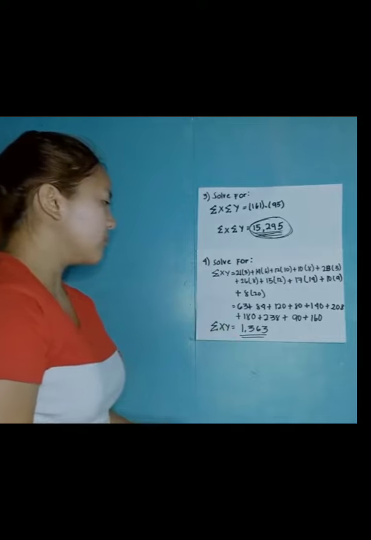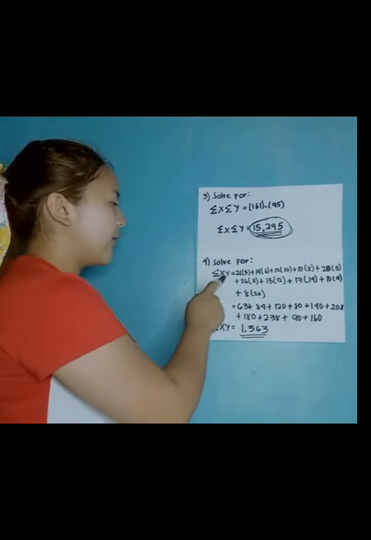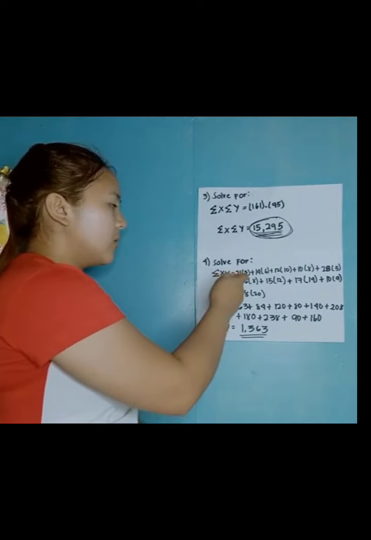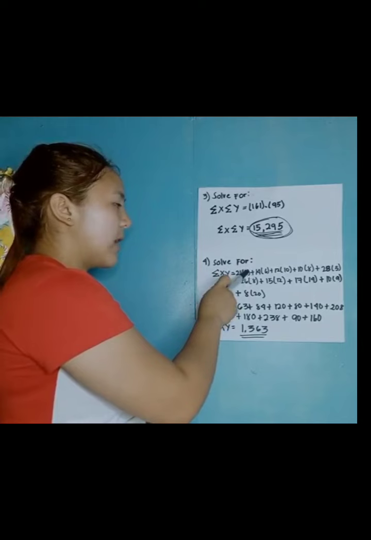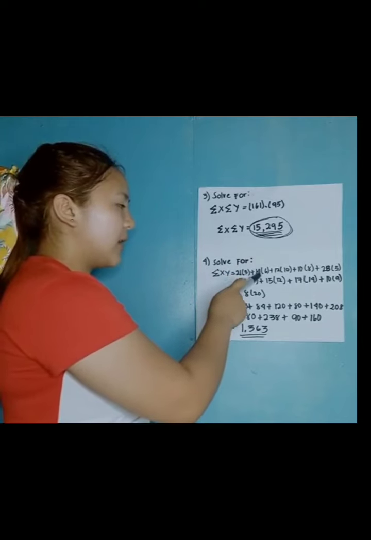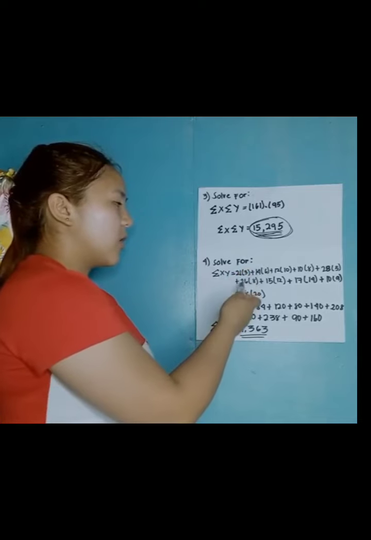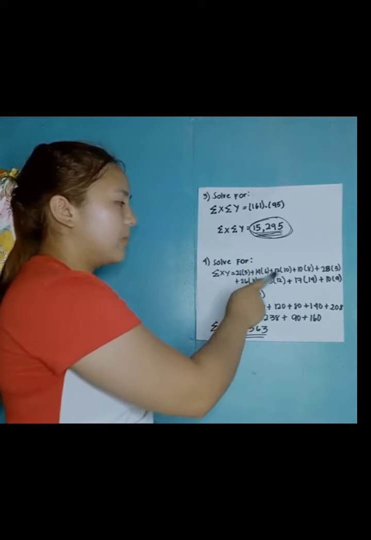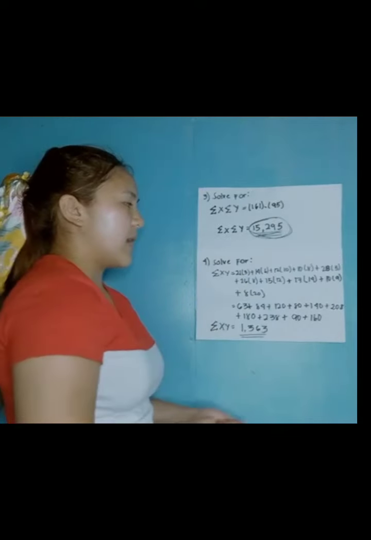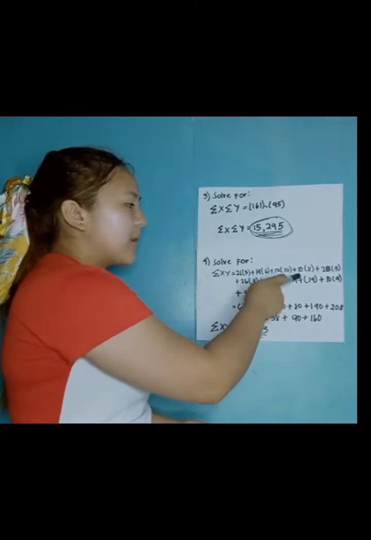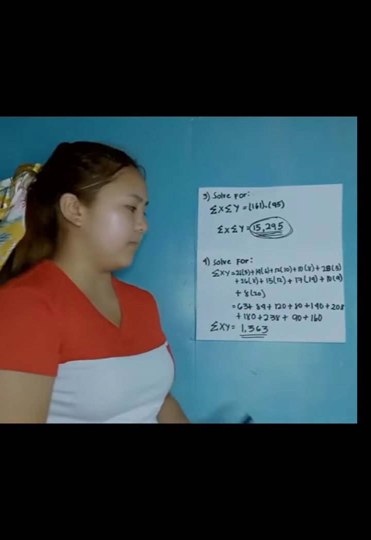So, here is the summation of xy: 21(3) plus 14(6) plus 12(10) plus 10(8), and so on.